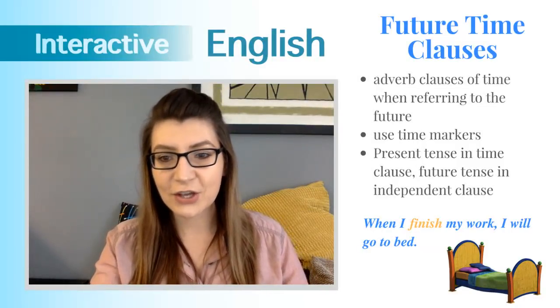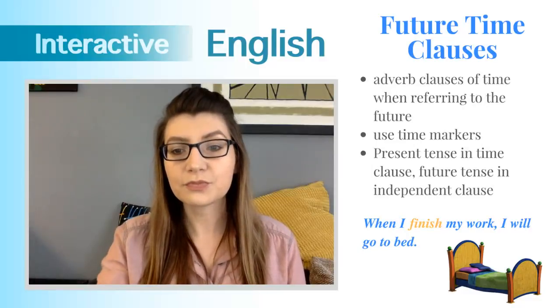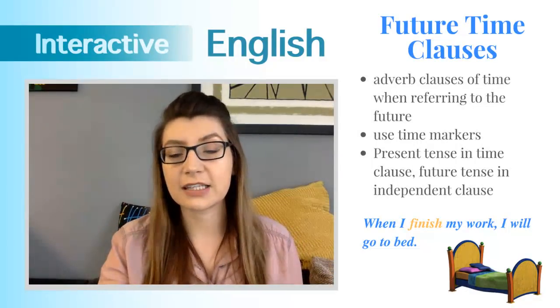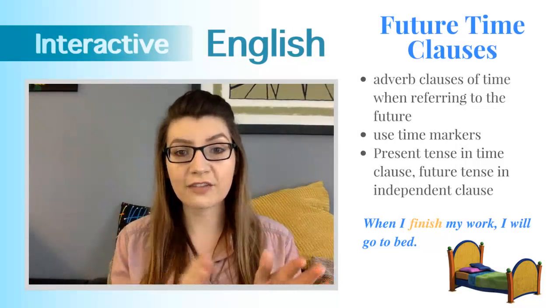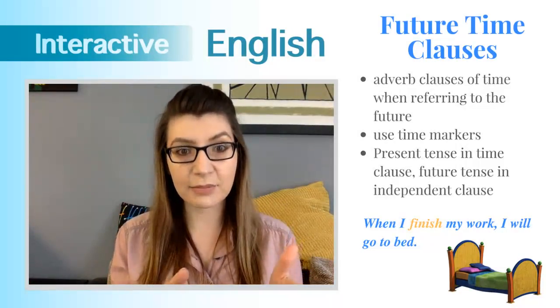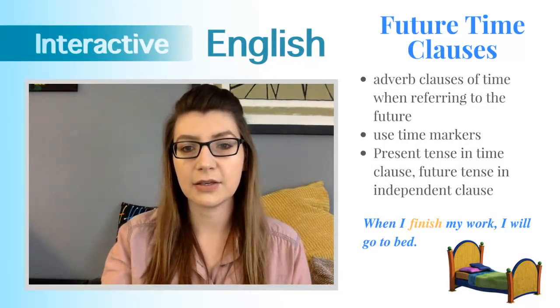Okay? So, exactly, if I watch this class, I will learn more. So that's perfect. Yes, and you cannot use will. If you have a time marker in the future time clause, you cannot use the future tense.